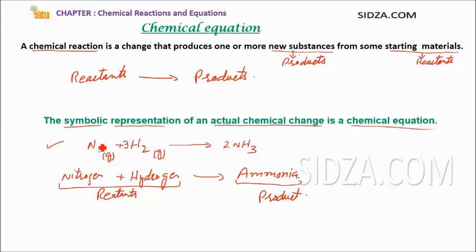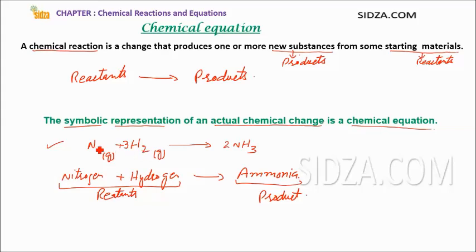Here we find that 1 molecule of nitrogen can react with 3 molecules of hydrogen to give 2 molecules of ammonia. So this equation tells us in what molar ratio we should react nitrogen and hydrogen. If you take 1 mole of nitrogen, you need to take 3 moles of hydrogen.